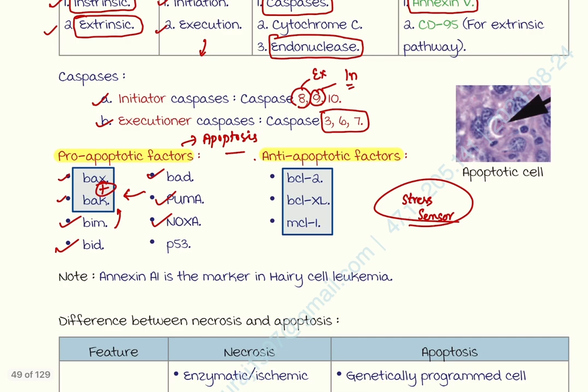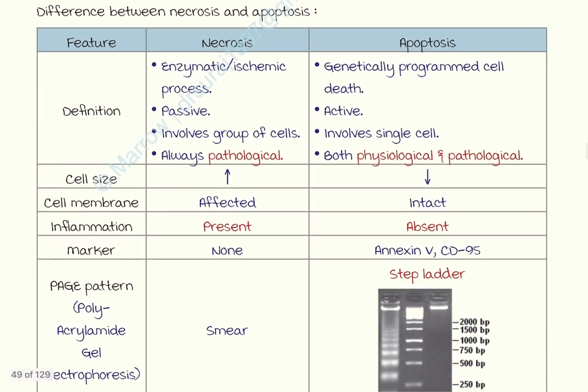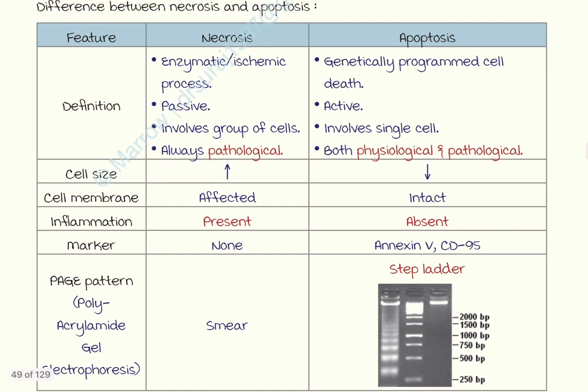Okay, so here is a statement: annexin A1 is the marker of hairy cell leukemia. The difference, very important: if it is an enzymatic procedure, then it's necrosis. In apoptosis there may be enzymes like endonuclease, but that is genetically programmed. It's not that enzymes are working haphazardly as we have seen in necrosis.